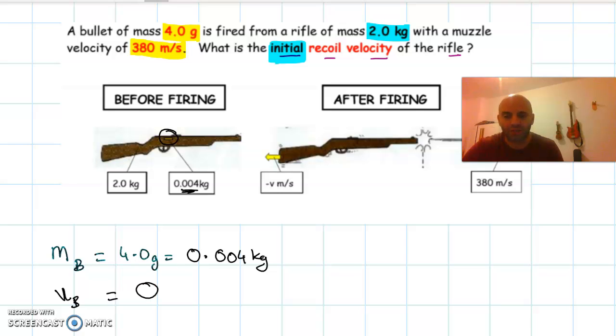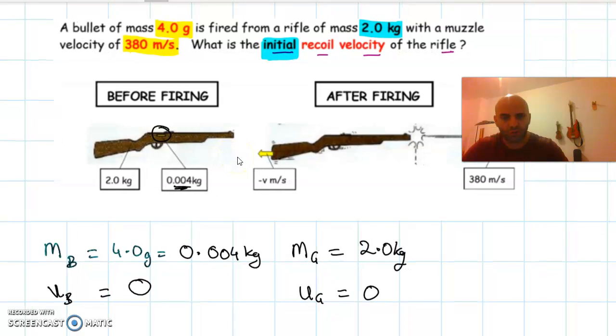So that bullet's not moving at all. We also know that the mass of the gun, I'm going to use G for the gun, is 2.0 kilograms. And again, the initial velocity of the gun is also going to be 0. Okay, so we've got our information, or most of it.